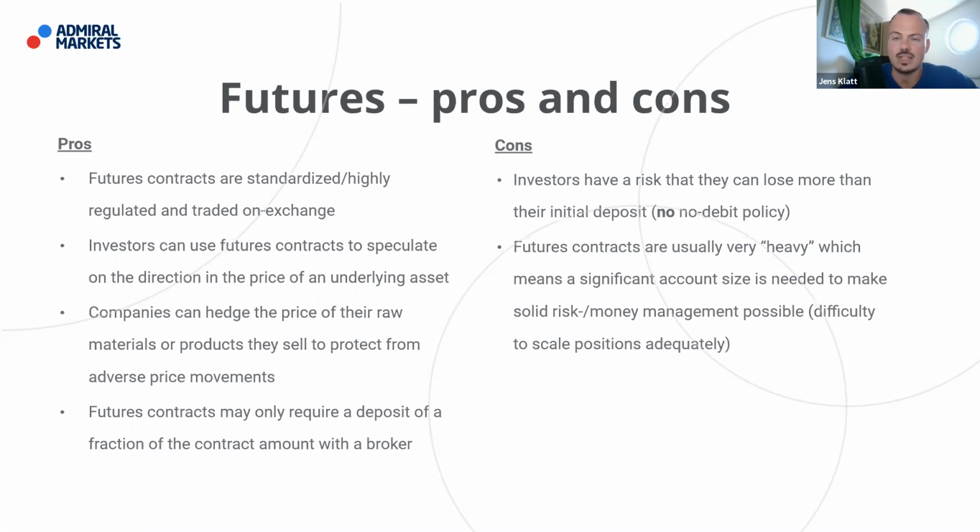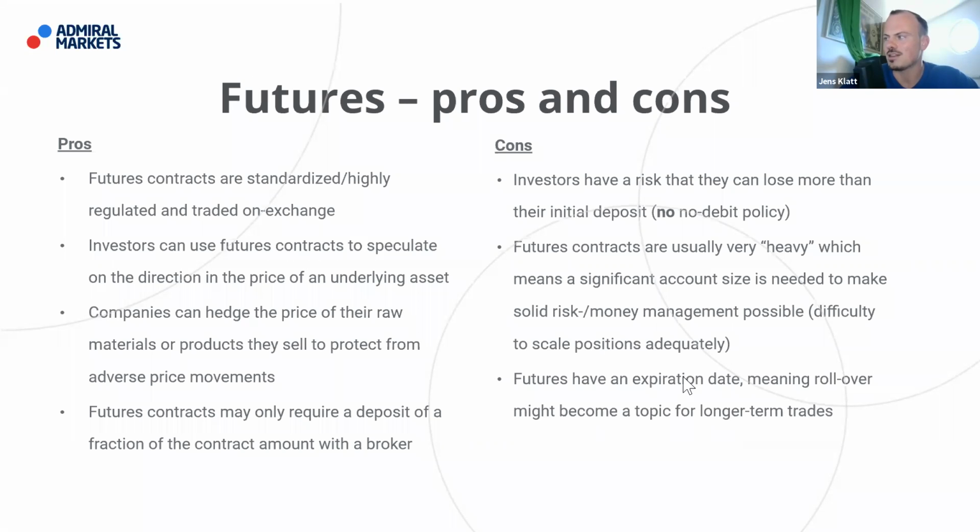And in addition to that, there's also this expiration component. Some of you might say, okay, this is really an issue. Well, just imagine you're taking a position and you plan to hold it for, say, 6 months or 10 months, 12 months, whatever, and it expires after 3 months. That means you have to roll over the position into the next contract, which means there are costs involved.